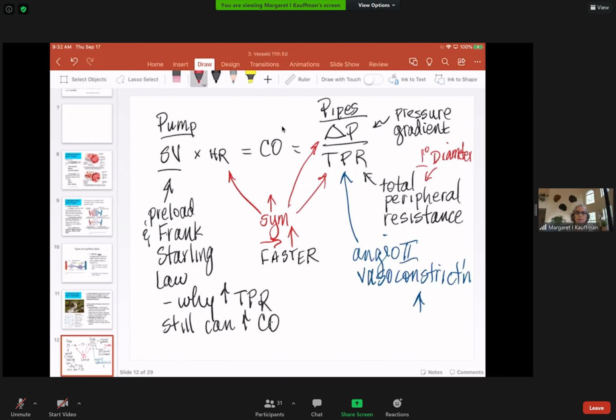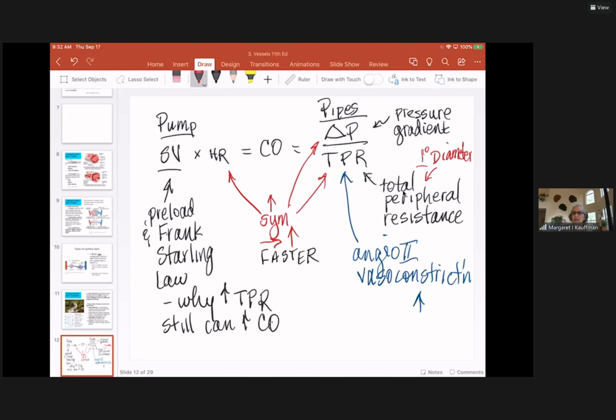Okay, so remember, if we just ignore what's off to the left here at the moment, if we want to increase cardiac output, the sympathetic causes a greater increase in resistance of these vessels. It makes this number in the denominator bigger.